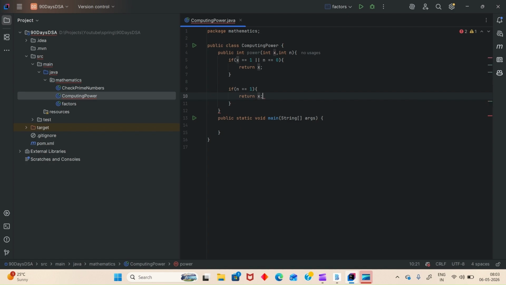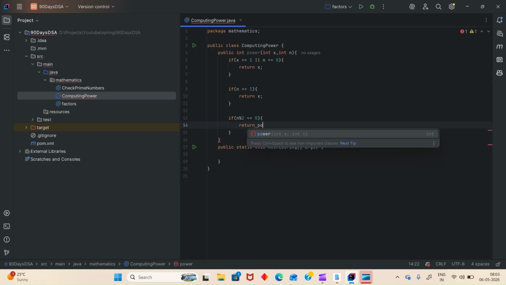Now after this, if my n percent 2 is equal to 0, that means it is even, then return power of x comma n by 2 into power of x comma n by 2.